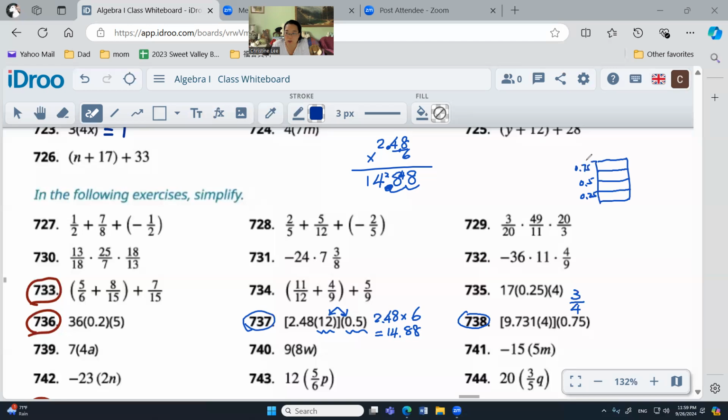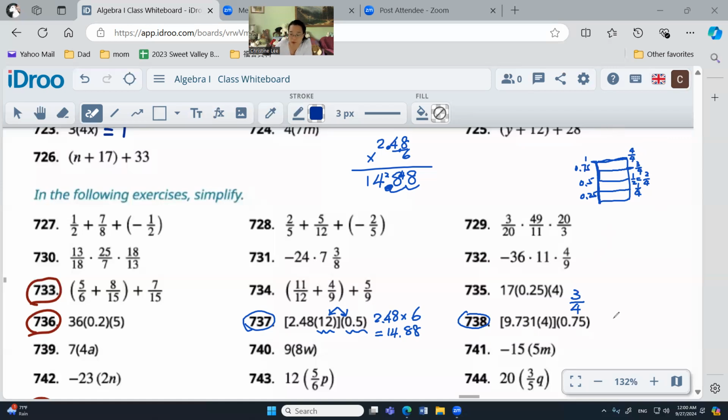And then this is 1. So 1/4, 1/2, 3/4. This is called 1/2, this is called 3/4. Or you can think of it as 1/4, 2/4, 3/4, 4/4.